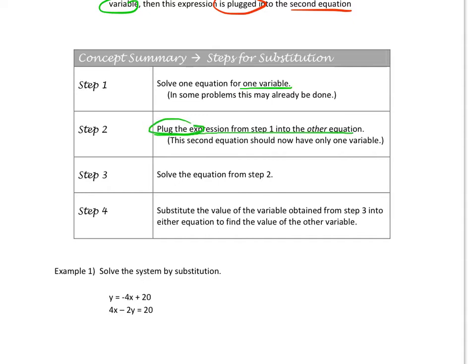Officially, we would substitute the expression from step one into the other one. That's a little more appropriate considering we're talking about substitution. And then we solve that equation. Once we get an answer, we'll substitute the value that we get from step 3 into either equation. It does not matter which equation you plug it back into, it'll be fine.